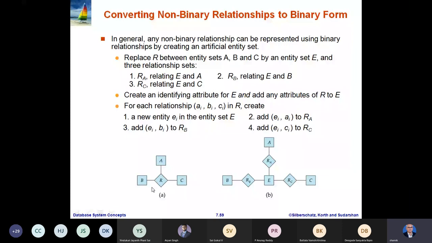Similarly, B's participation in this relationship you replace with B's participation in a relationship RB with E, and likewise C's participation you replace with RC with E. So replace R between entity sets A, B, and C by an entity set E. So this R itself you are replacing by those particular relationships.